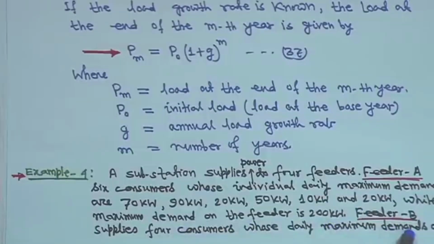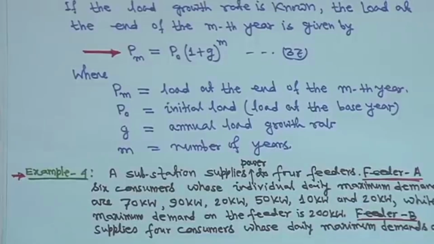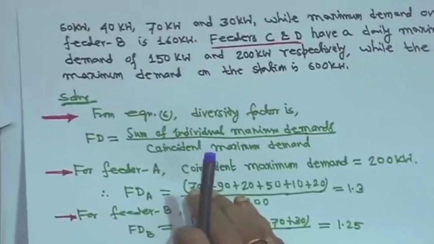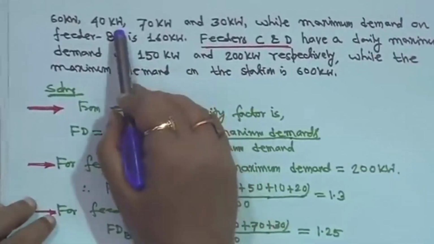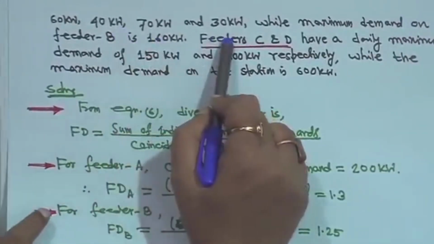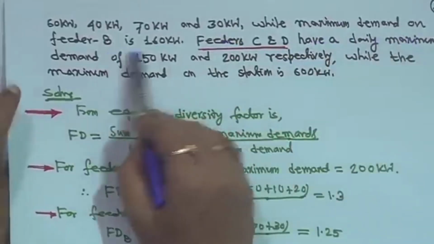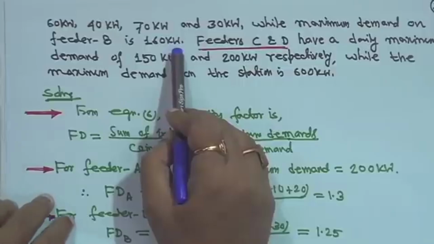Similarly, feeder B supplies 4 consumers whose daily maximum demands are 60 kilowatt, 40 kilowatt, 70 kilowatt and 30 kilowatt, while the maximum demand on feeder B is 160 kilowatt, right.